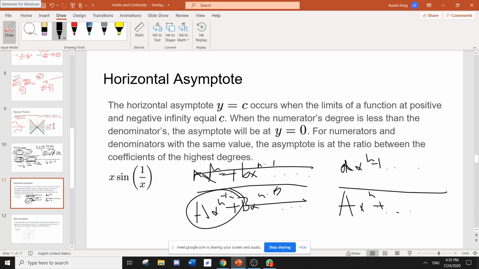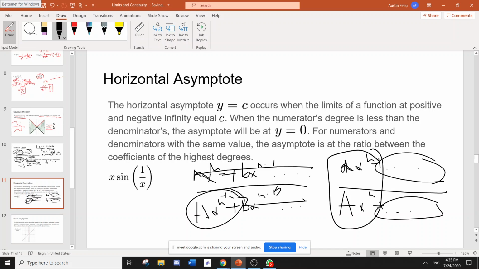When we let x become super big, all these other terms are insignificant compared to these two dominant terms. So when x goes to infinity, these terms will be very tiny in comparison. Then you basically cancel it out, and you get a over A. Y is equal to a over A, which is the ratio between the coefficients of the highest degrees in the numerator and denominator.